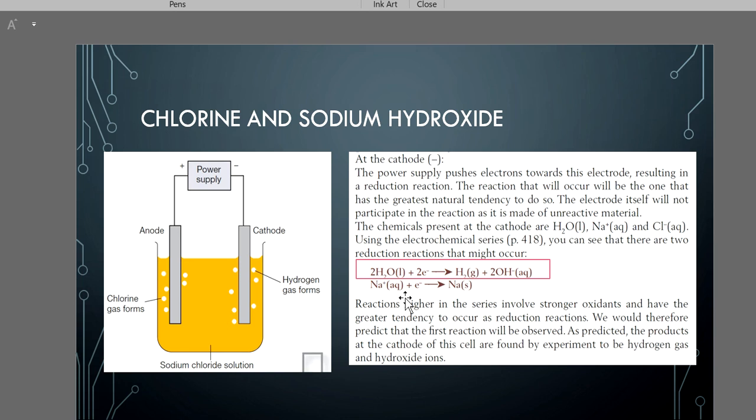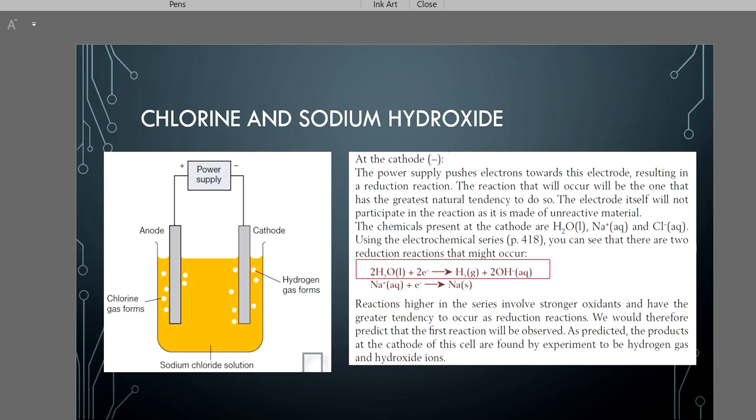Okay, so water is present within this solution. We have water, sodium ions, and chloride ions. So it's not a molten cell, and therefore, as we went through before, the water here is a stronger oxidant than sodium. Okay, so we're not producing sodium, but that's not the desired product of this cell at all. So water will undergo reduction here.